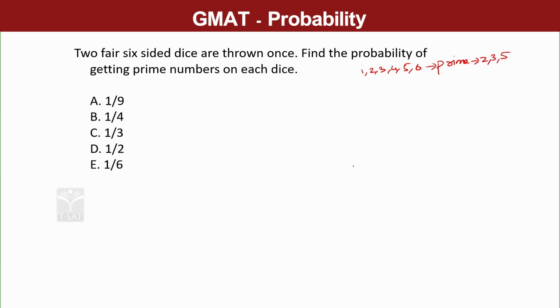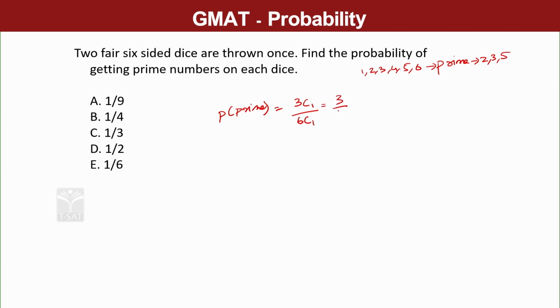So you have 3 prime numbers out of the 6 possible outcomes of a die. So the probability that on one die there is a prime number is 3 prime numbers, out of which you select one, divided by 6, the total number of outcomes.